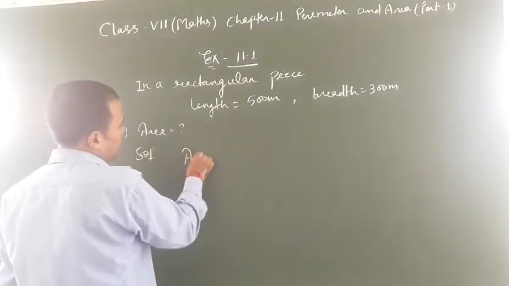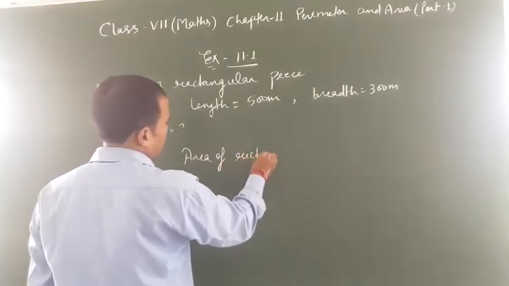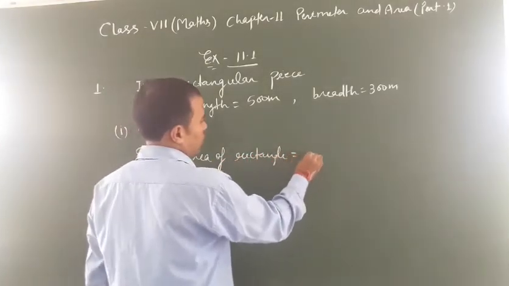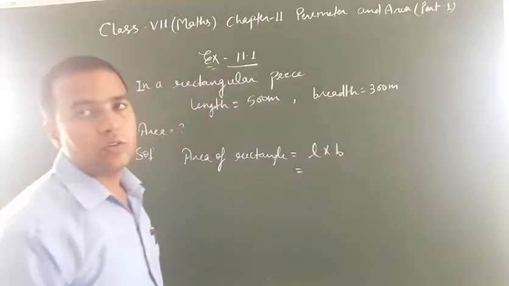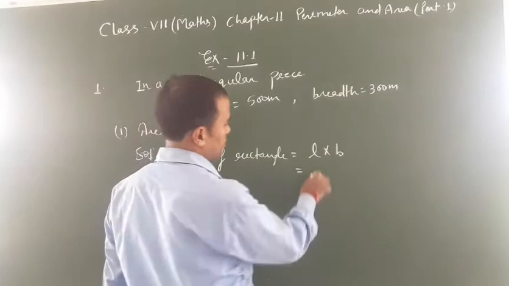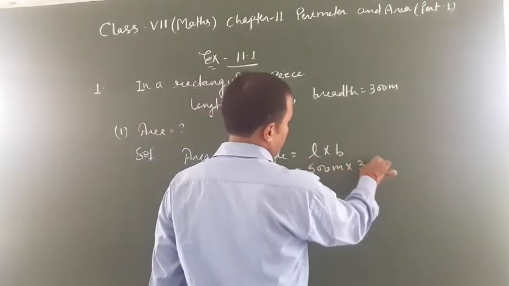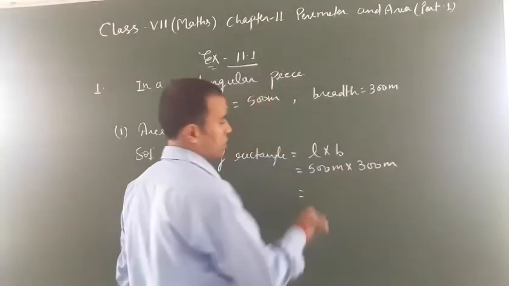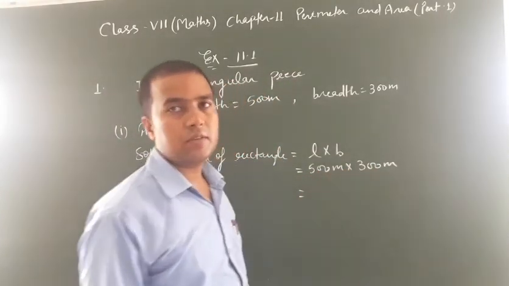Area equal to L into B, length 500 meter into breadth 300 meter.